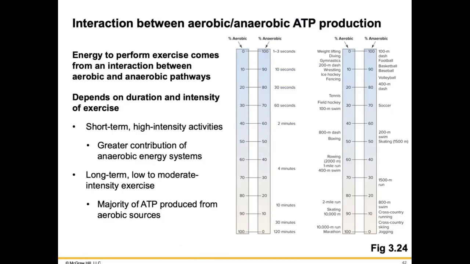And our last topic for this chapter is to discuss the interaction between aerobic and anaerobic ATP production. We know that energy is needed to perform most types of exercise with a combination of anaerobic and aerobic sources.